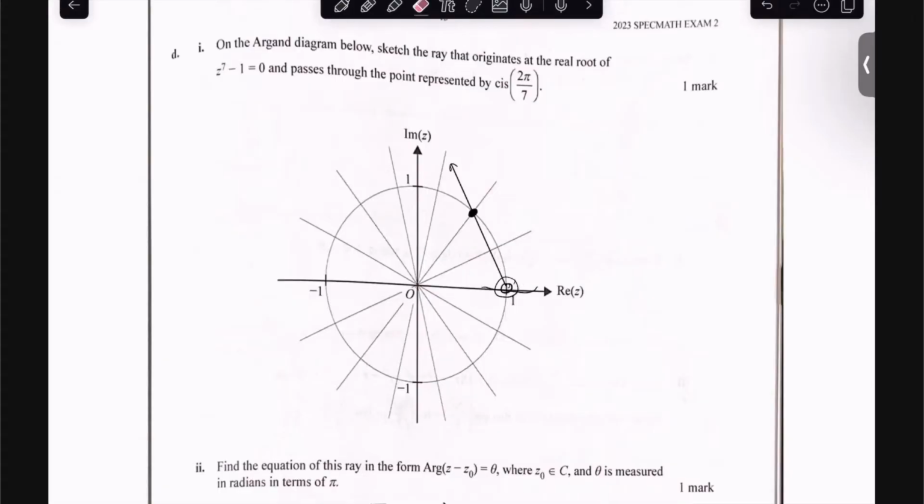You know that this has a length of 1 and an angle of 2 pi on 7, and this also has 2 pi on 7. So this is 180, or pi minus 2 pi on 7, which is 5 pi on 7.